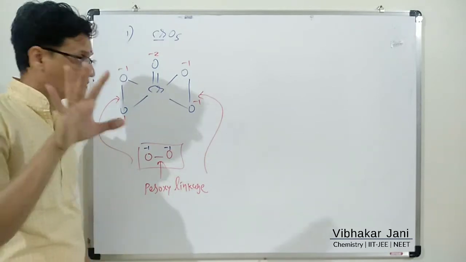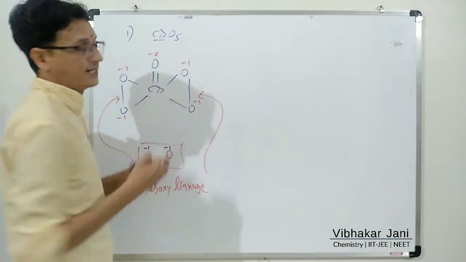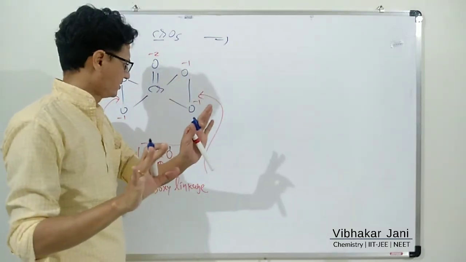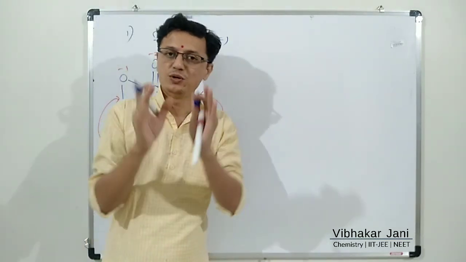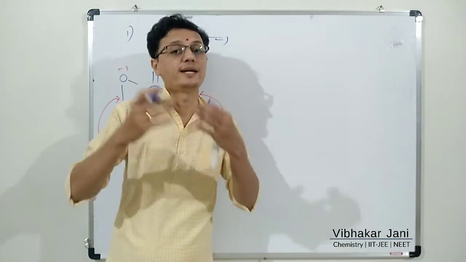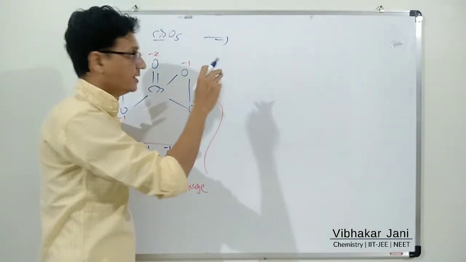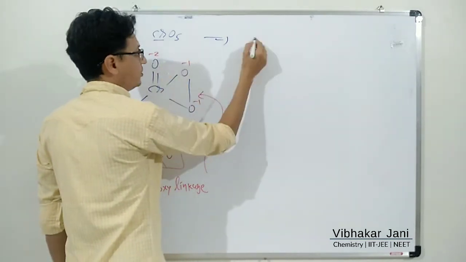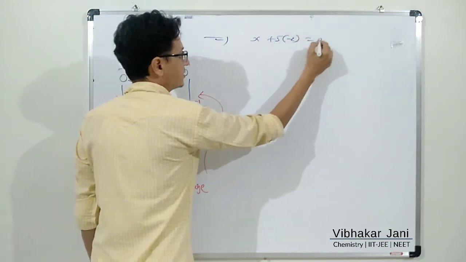But if you do not know the structure, then you will calculate the oxidation state like this. First of all, let's assume that we do not know the structure of CrO5, and we know only the rules which we have already learned in our previous video. By using those rules, for chromium let us assume x, plus 5 multiplied by -2 is equal to 0.